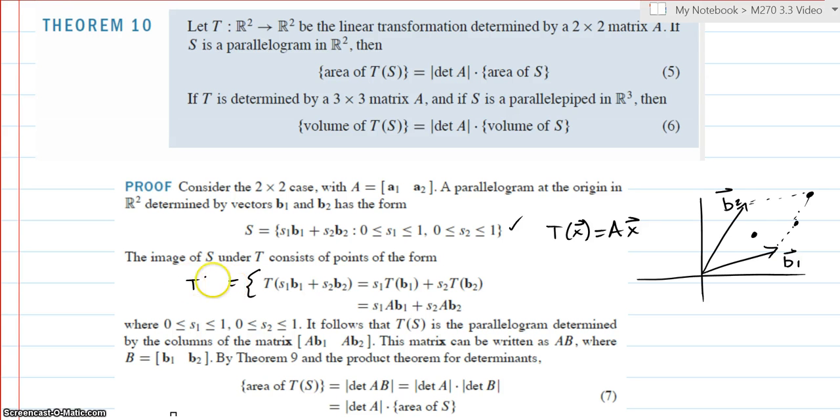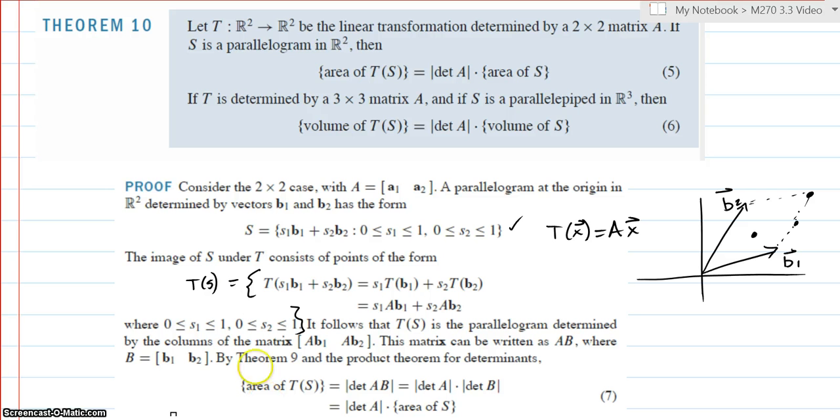So this is T of S, for instance, is all these points where you have that. So because of that, it follows that T of S is also a parallelogram because it looks just like this form, determined by the columns AB1 and AB2, which by the way is just AB.